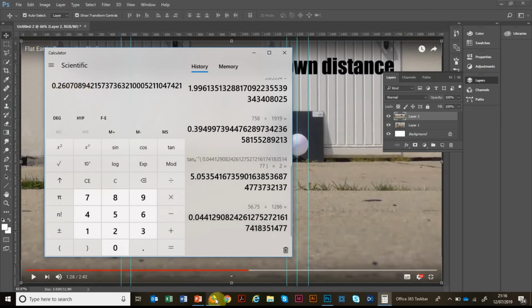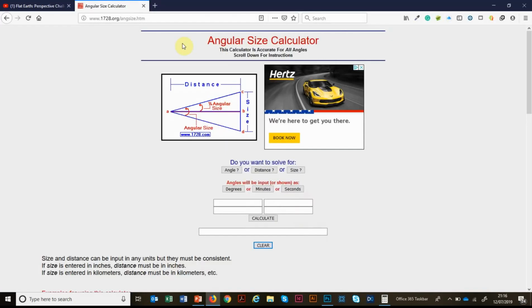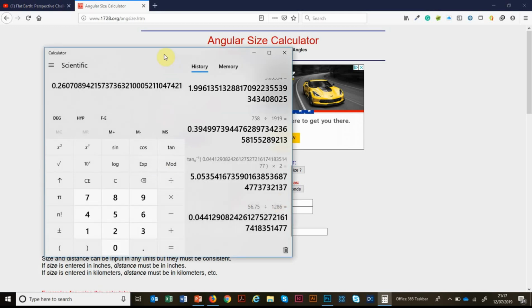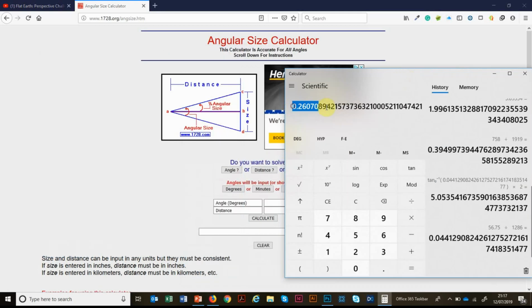0.2607. So I'm going to use an angular size calculator because I'm lazy. I want to know the size of the ball, so I'm going to go by size. The angle in degrees is, just copy that in.